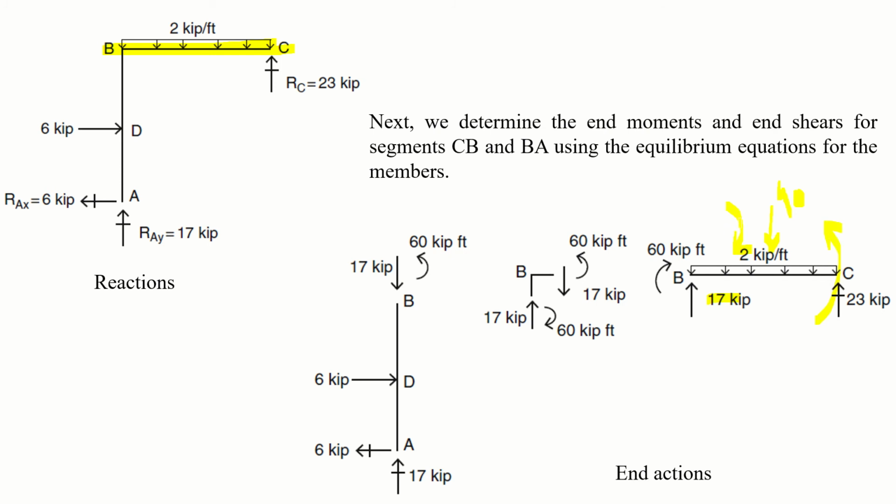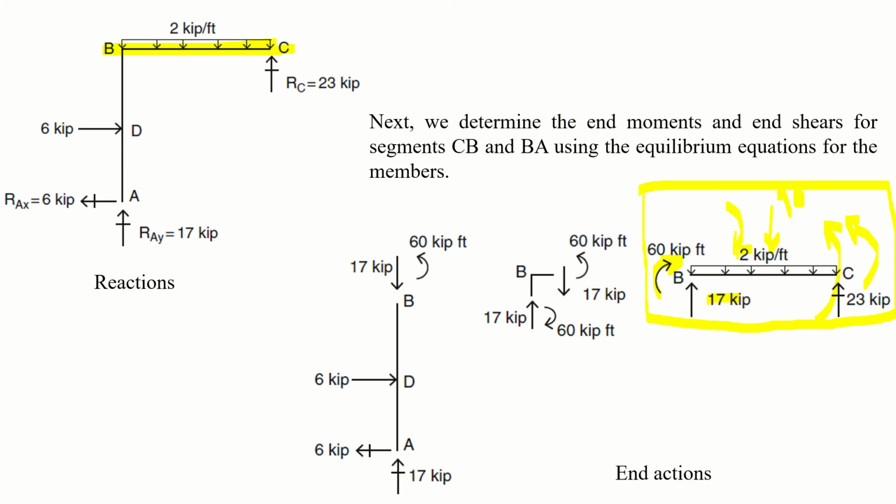So this 460 minus 400 results in a bending moment of how much? 60. It means that 60 extra is acting in the counterclockwise direction. So in order to resist it, a 60 kip feet bending moment should be acting in the clockwise direction. If it is the case, then this member is in equilibrium. Now you are done with this beam BC.